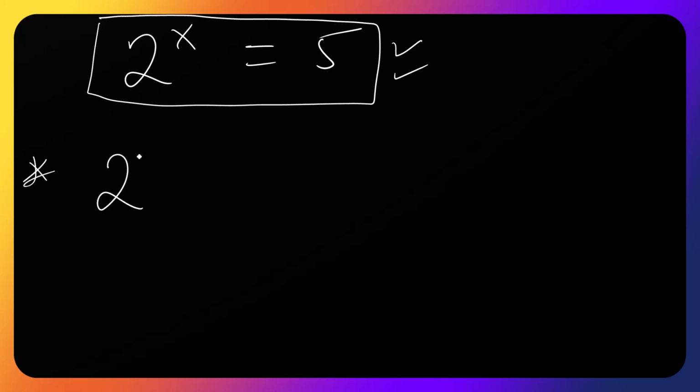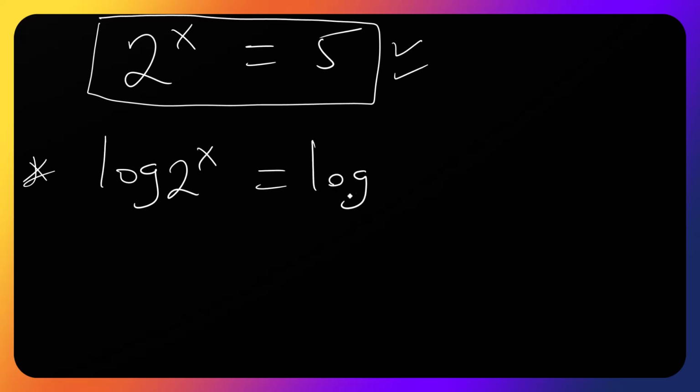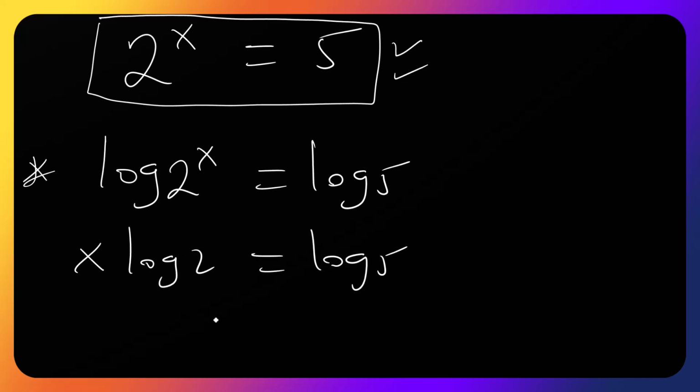2 to the power of x equals 5. But for the sake of this video, let's take log on both sides and solve this. So if I do that, that will be log of 2 to the power of x, and log 5. We've taken log on both sides. So we call this one the power rule, which will bring the power x to the front: x log 2 equals log 5.